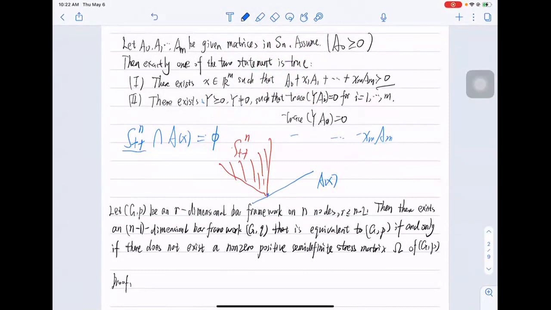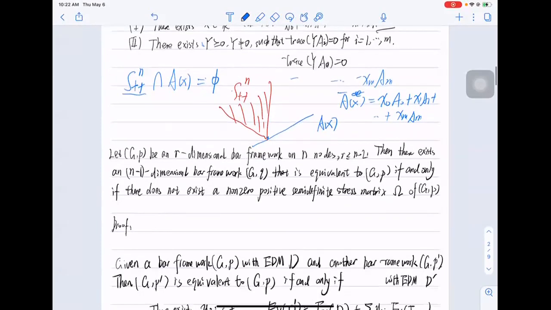Of course A(x) is an affine subspace, contained in the space of symmetric matrices, and contained in a linear subspace. So let's say A bar(x), which is x_0 A_0 plus x_1 A_1 plus ... plus x_m A_m.